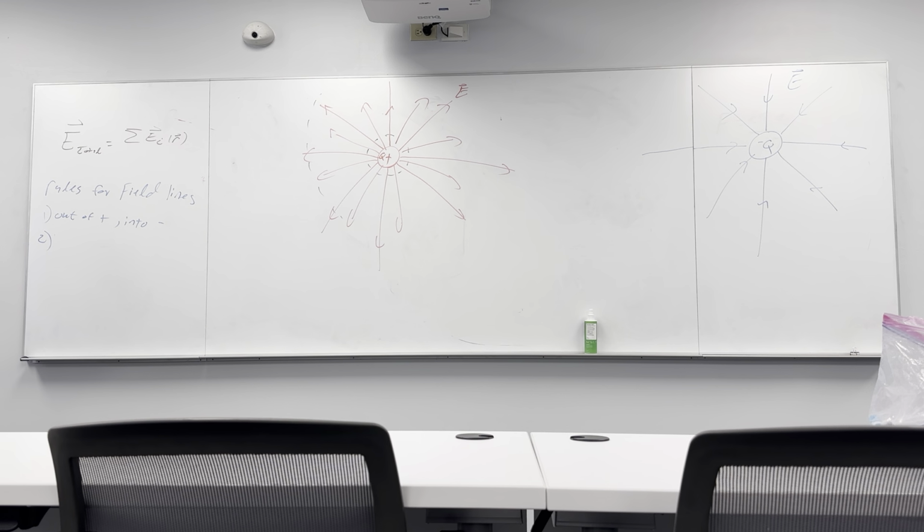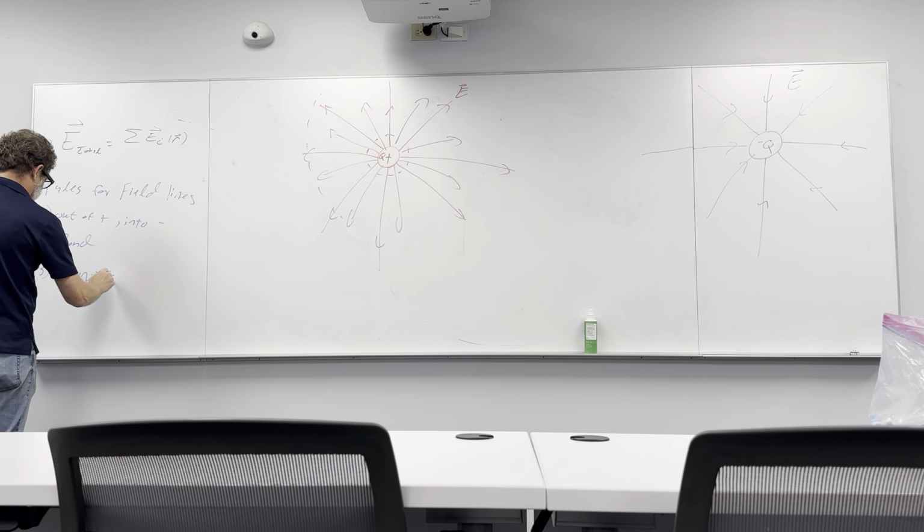The second is that field lines can bend. So they can move. They can bend with respect to each other. Third, they can join if they're going the same direction.